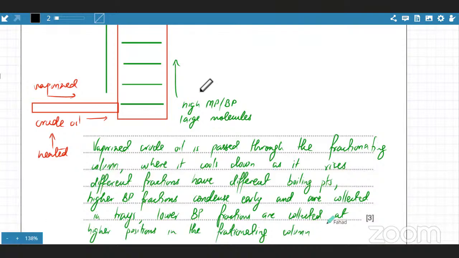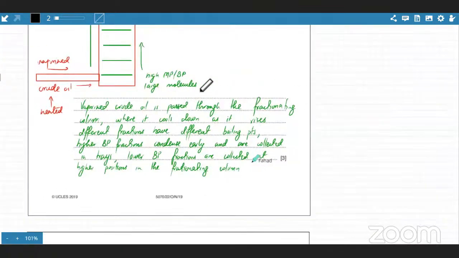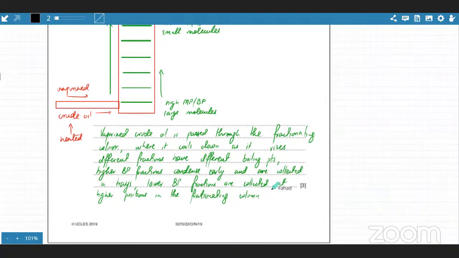So let me open the marking scheme as well, just to compare these big questions, how they should be answered. This is 5070 W19.